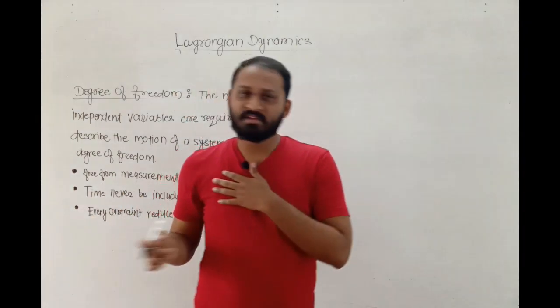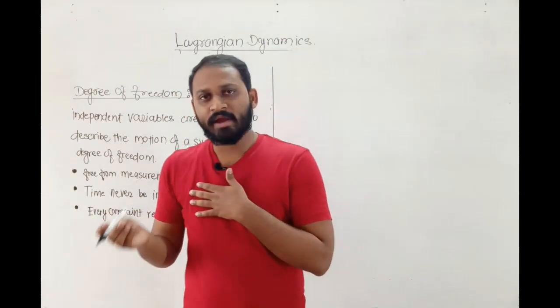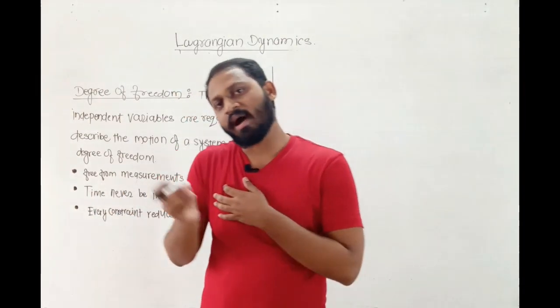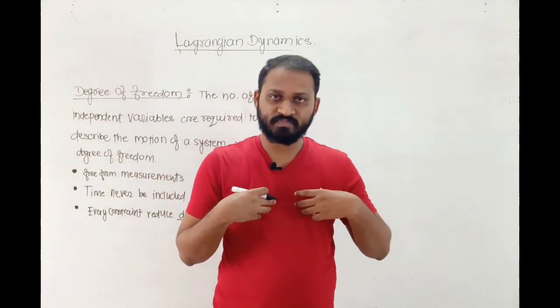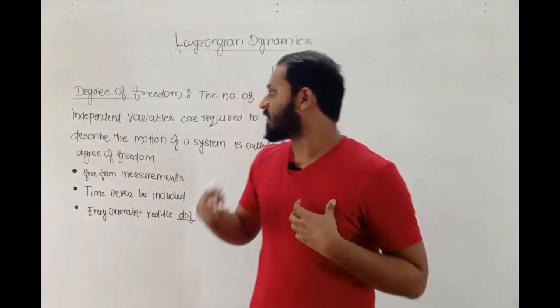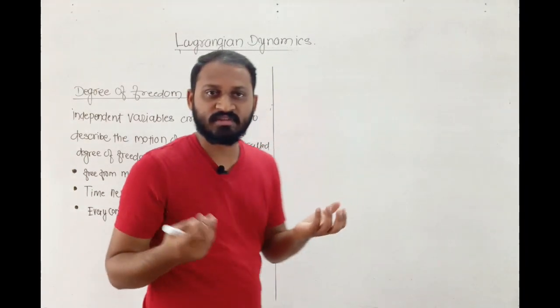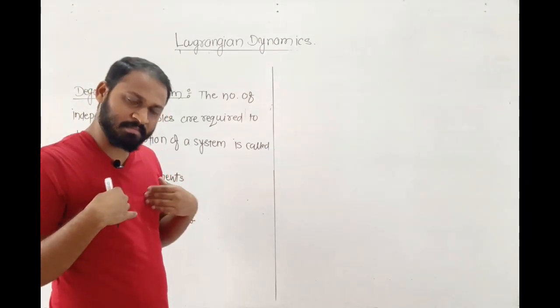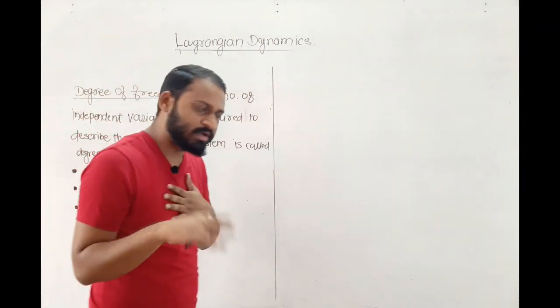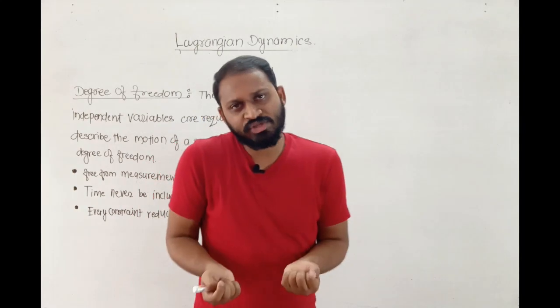Now I am in 3 dimensions and I require 3 variables x, y and z to describe my motion, and those 3 coordinates are nothing but the degree of freedom. So the degree of freedom is 3, because there are 3 coordinates describing my motion.